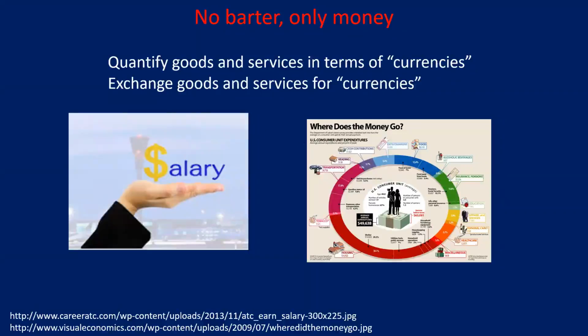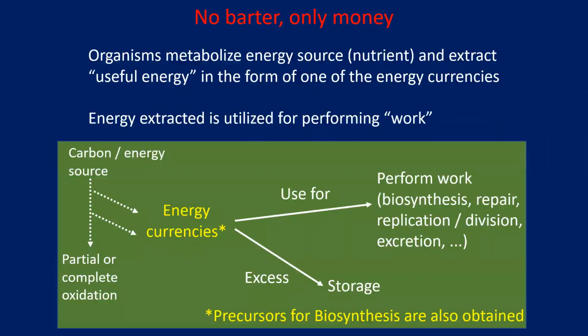Similarly, inside the cell, this currency is nothing but ATP molecules, which can be consumed for different activities. So when you think about the organism and its metabolic process, there is an energy source, it could serve as a nutrient also, and from that energy source one can get useful energy.